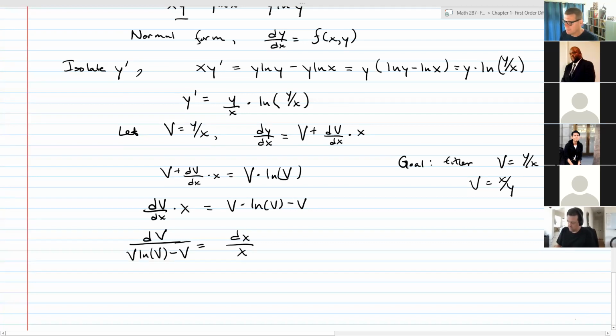And now we've separated. Once we've separated, we can integrate. I'm going to rewrite this as v times the natural log of v minus 1 equals the integral of dx over x.